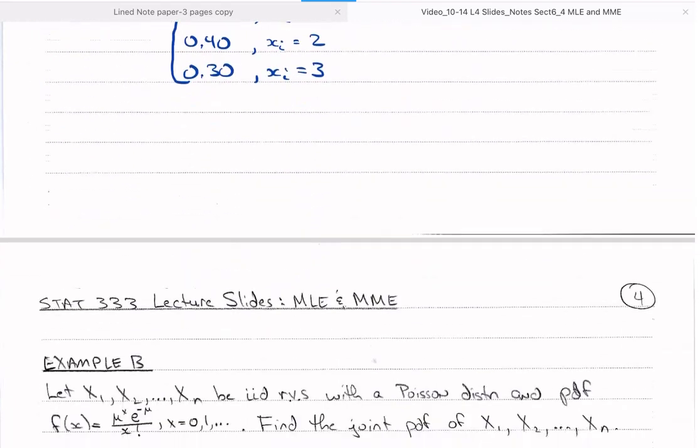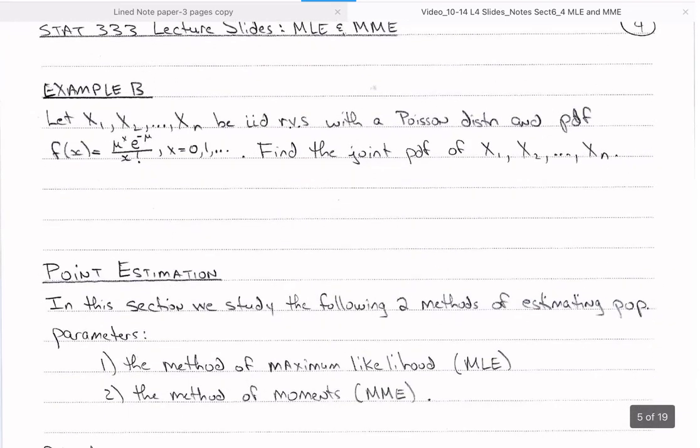All right, now let's look at example B. We have x1, x2 to xn are IID random variables, independent and identically distributed, with a Poisson distribution, and therefore the PDF is f of x equals mu to the x e to the negative mu over x factorial, where x can be 0, 1, 2, 3, etc. It says find the joint PDF of x1, x2 up to xn.